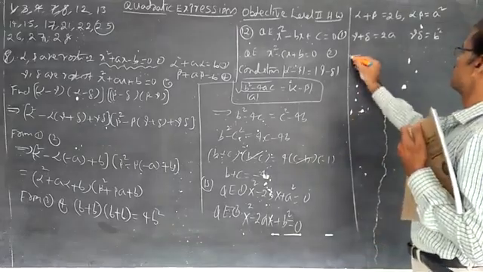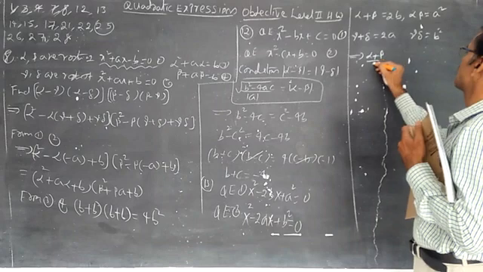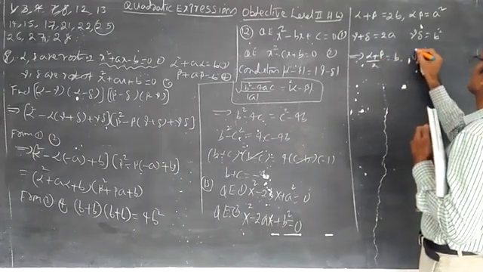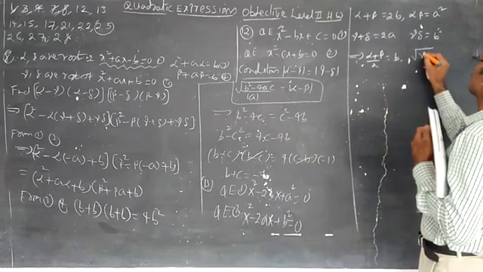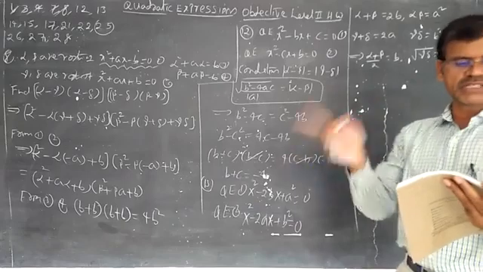So that implies alpha plus beta by 2 is equal to b, and root of gamma delta is equal to b. So the arithmetic mean is the geometric mean.